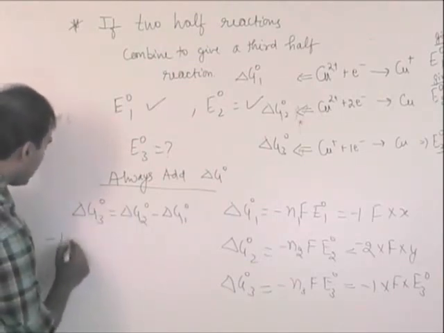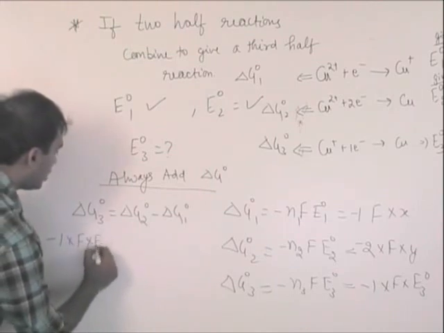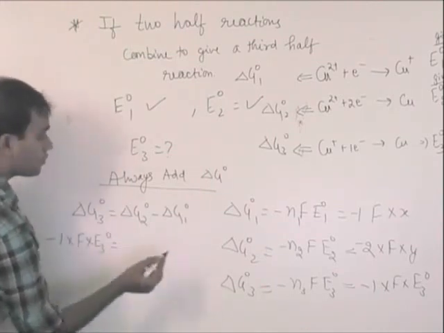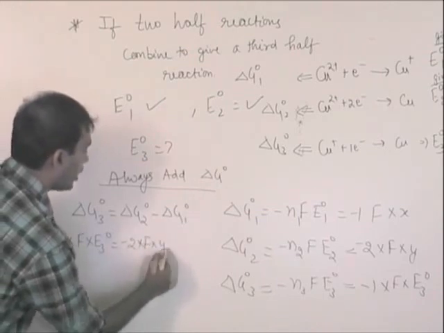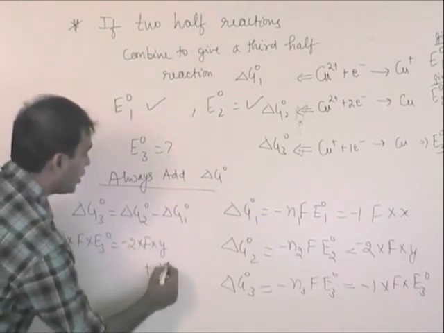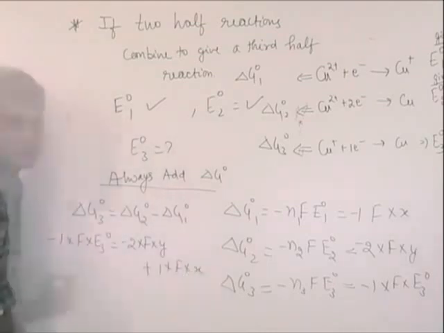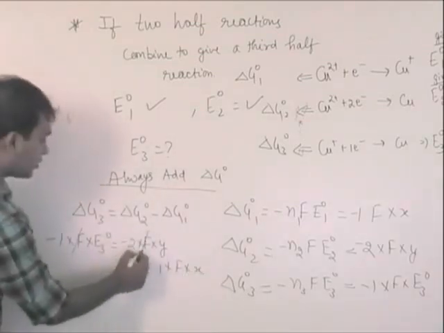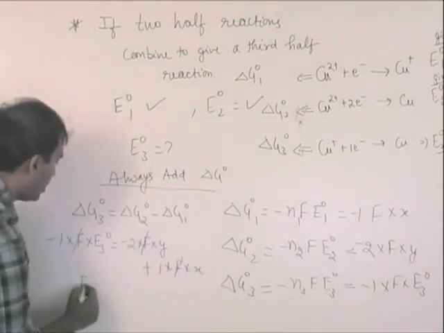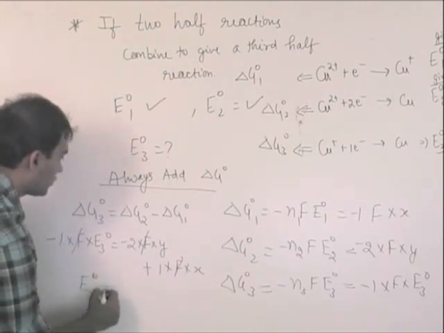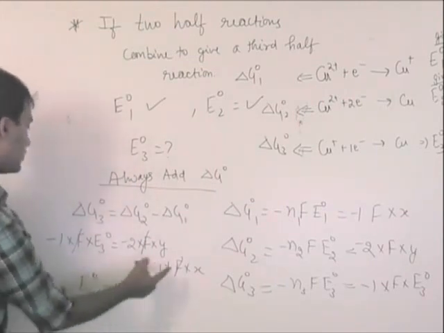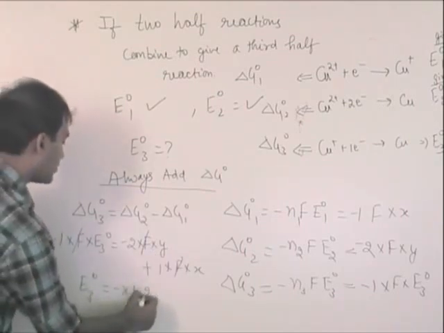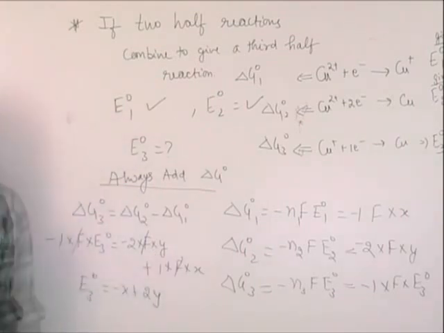Minus 1 into F into E3 naught equal to minus 2 into F into Y plus 1 into F into X. So all this F will be cancelled. Then I can get E3 naught is minus X plus 2Y.